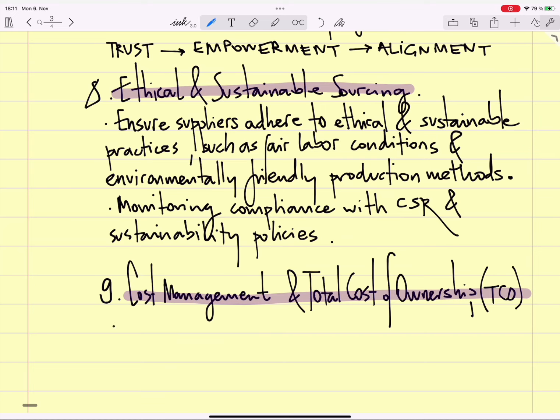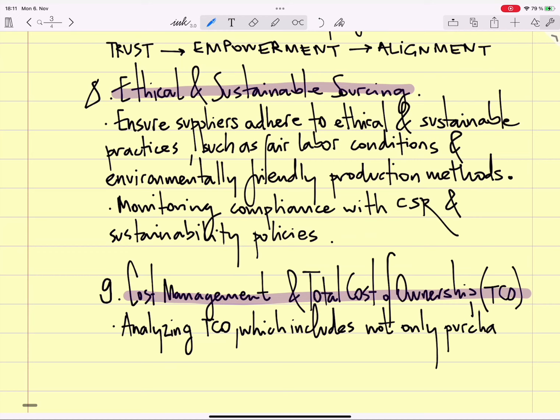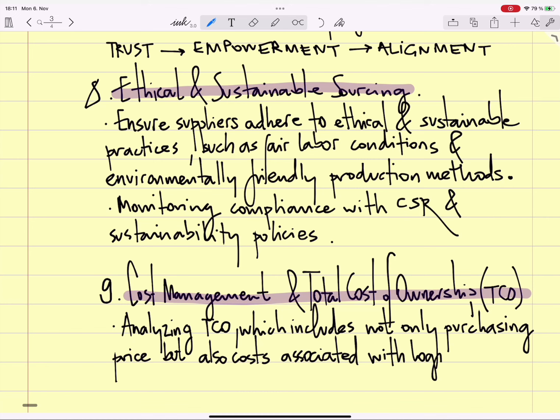So, here analyzing TCO, which includes not only purchasing price, but also costs associated with logistics, inventory, especially.